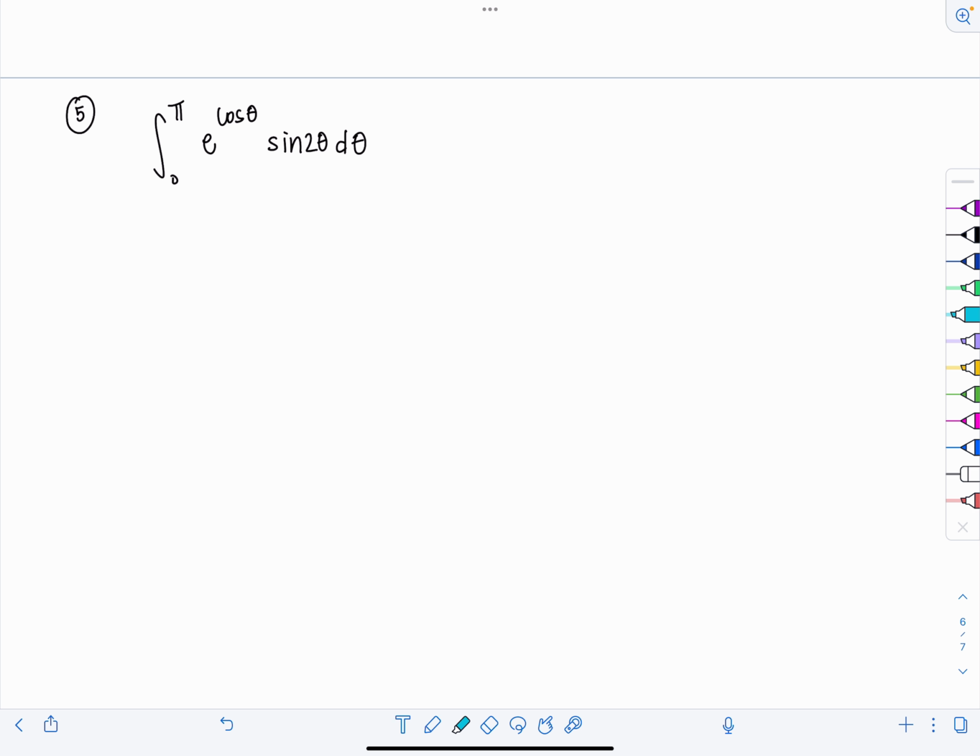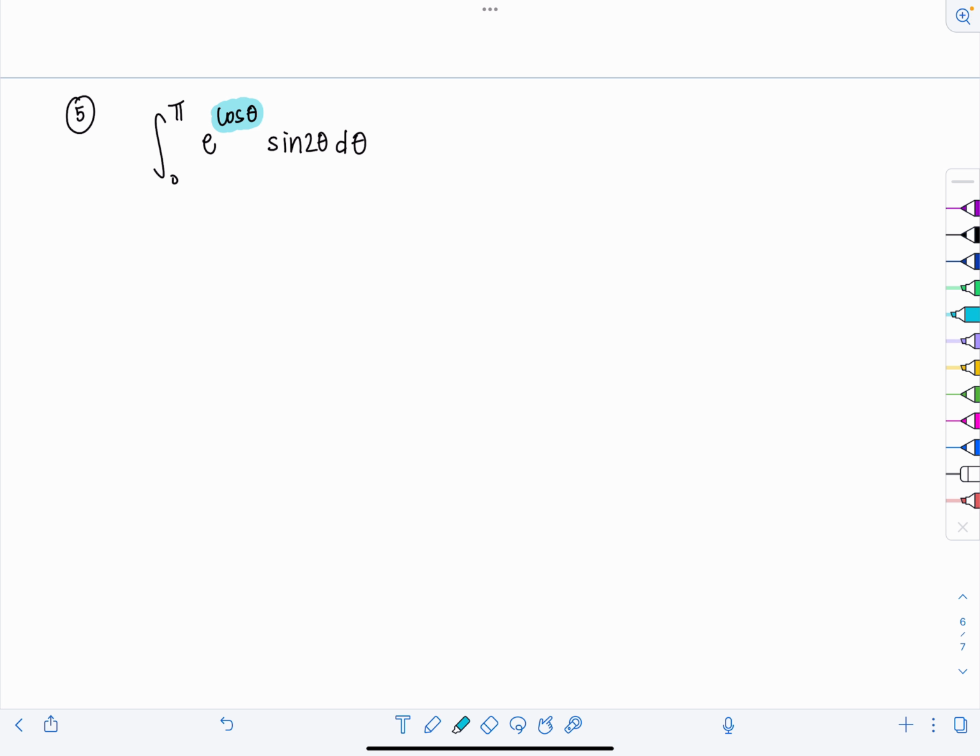And one thing I'm thinking, okay, derivative of cosine theta, say I were to let that be a new variable like t. I'm trying to save u and v for later, guys. Got it? Okay. So say I let cosine theta be t. dt would be negative sine theta d theta. And I don't have that. I have sine 2 theta, not sine theta.